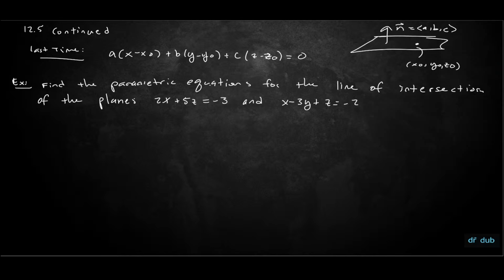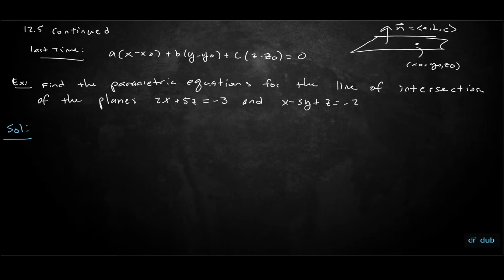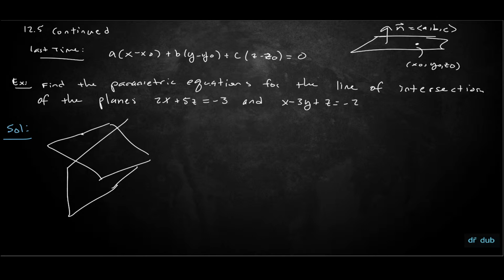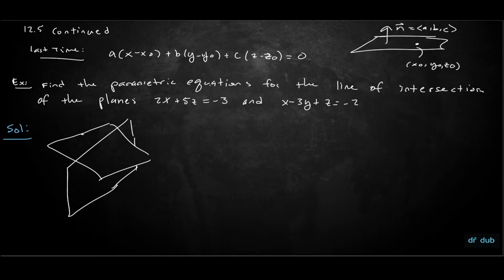So these two planes are going to intersect, and I'll just try to graph that. Say I got one plane kind of like that, and I have another plane kind of like this. Then those two are going to intersect in some straight line here.